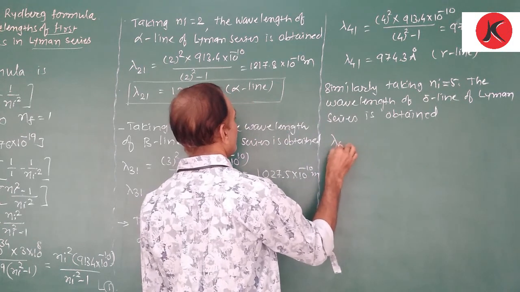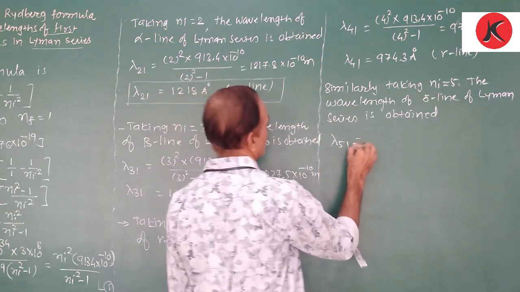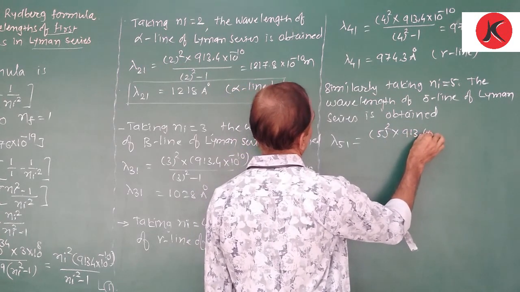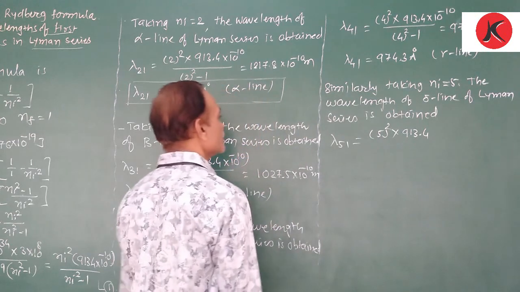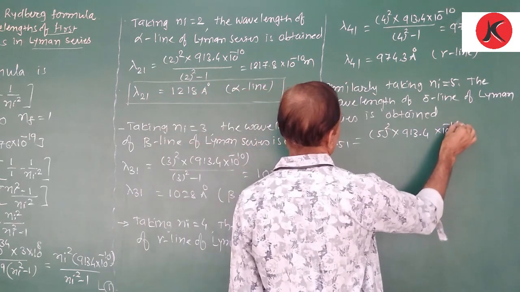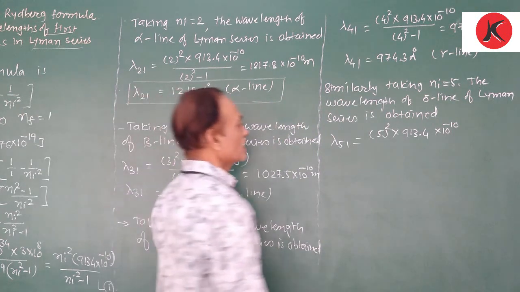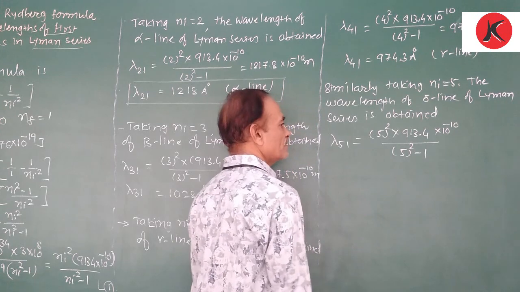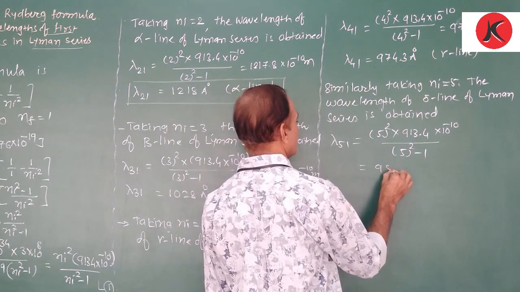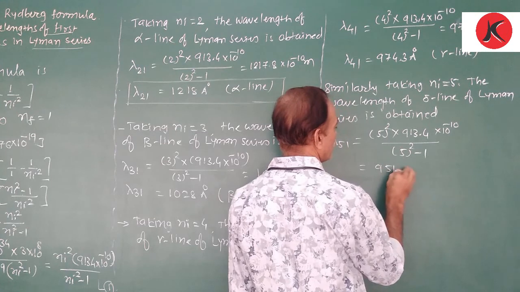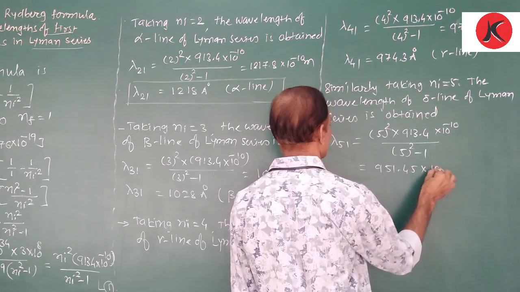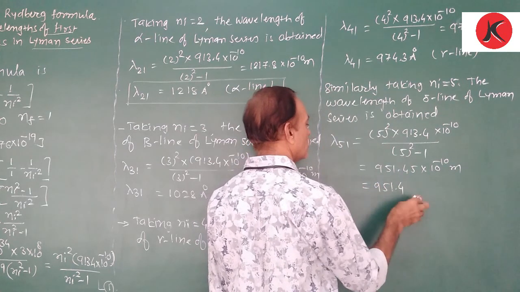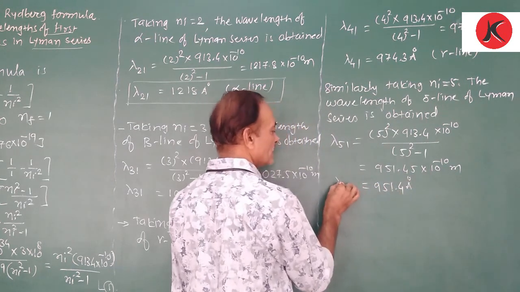Therefore, lambda 51 is equal to 5 square into 913.4 into 10 raised to minus 10 upon 5 square minus 1. The simplification is 951.45 into 10 raised to minus 10 meter. That means 951.4 angstrom is the wavelength of the delta line.